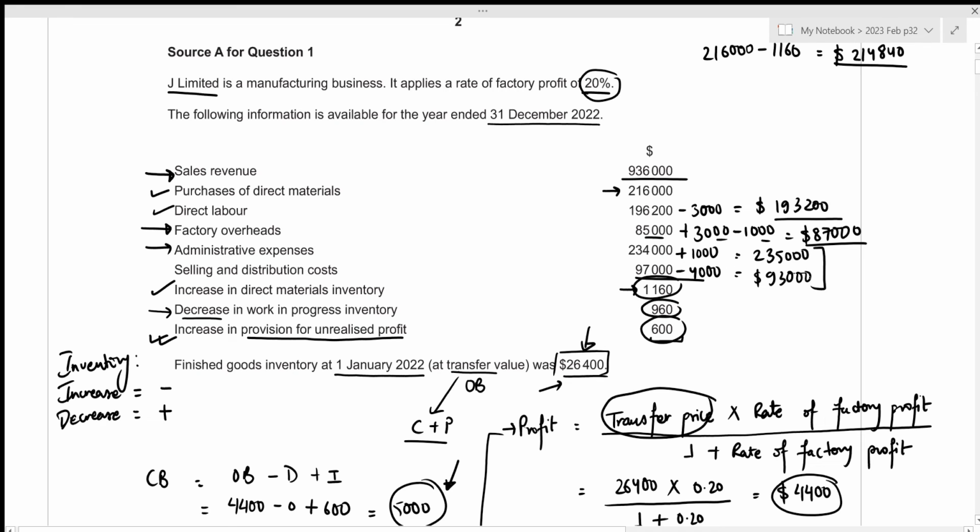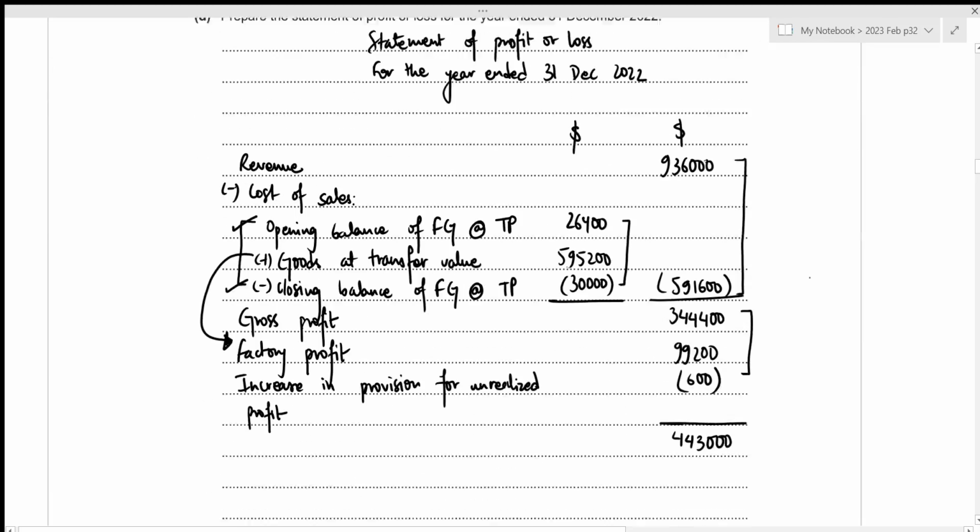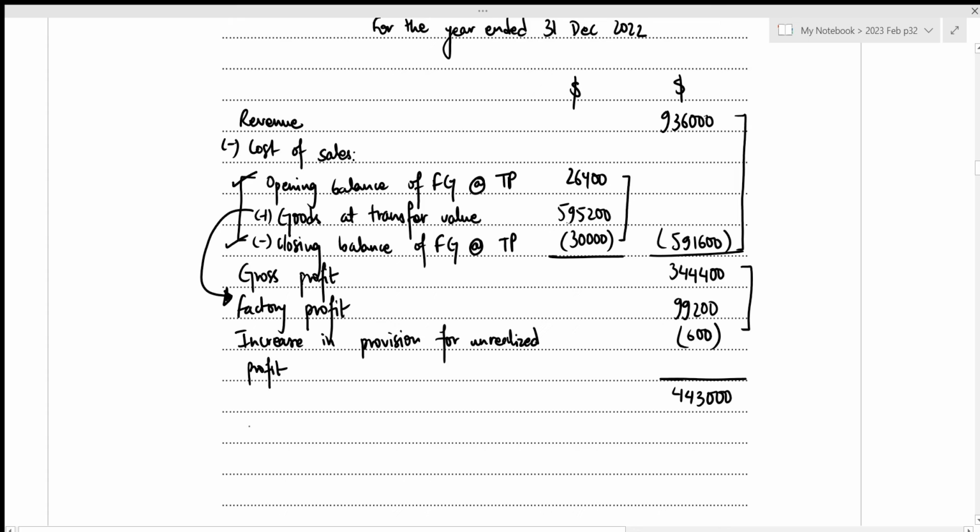So let's include these two items. That is going to be our administrative expenses of 235,000. Then we have our distribution costs, which was of 93,000.